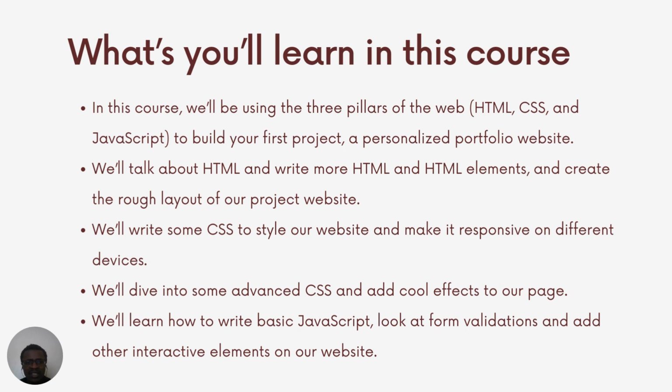We'll also write some CSS to style our website and make it responsive on mobile, on tablets, and on desktops. We'll also learn more about advanced CSS and add some cool effects like animations and transformations on our page. We'll also learn some basic JavaScript and look at how we can validate forms for a portfolio site, as well as add other fun interactive elements on websites.